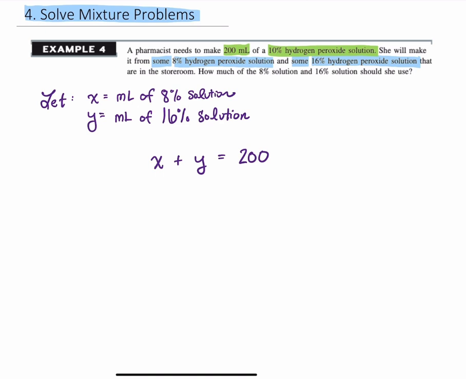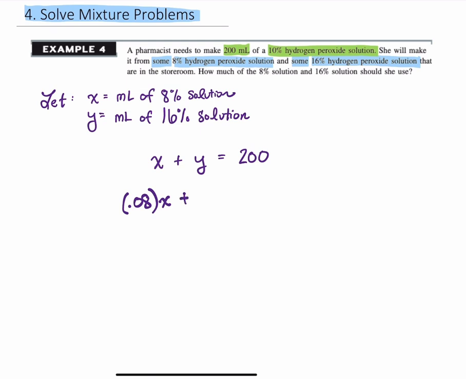And then we know the total solution needs to be 10% hydrogen peroxide. So let's think about just pure hydrogen peroxide. We know X is milliliters of the 8% solution. So if we find 8% of X, or multiply 0.08 times X, that will give us the milliliters of hydrogen peroxide.